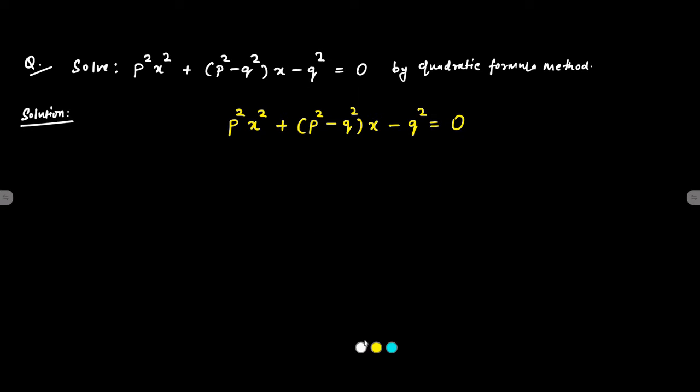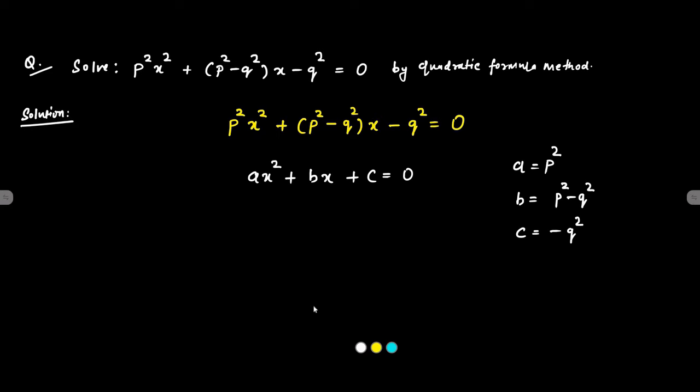So here if we compare it with the standard format of quadratic equation, ax square plus bx plus c is equal to 0, here a is equal to p square, b is equal to p square minus q square, and c is equal to minus q square.